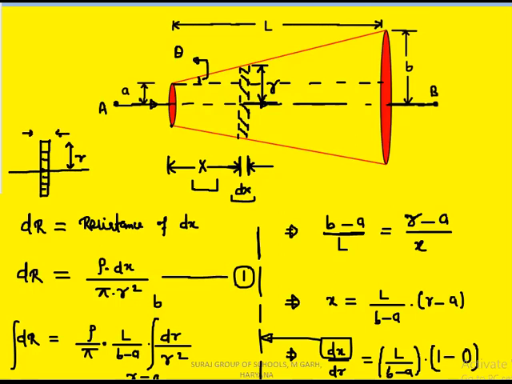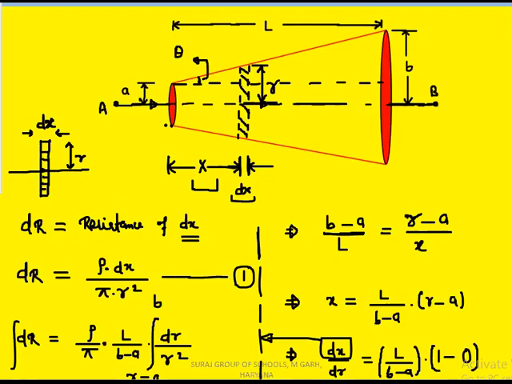What should be the equivalent resistance of this section? The resistance of this dx thickness is rho times dx. Why dx? Because the current is flowing in this direction and we take the length along the flow of current. So rho dx upon pi r square.